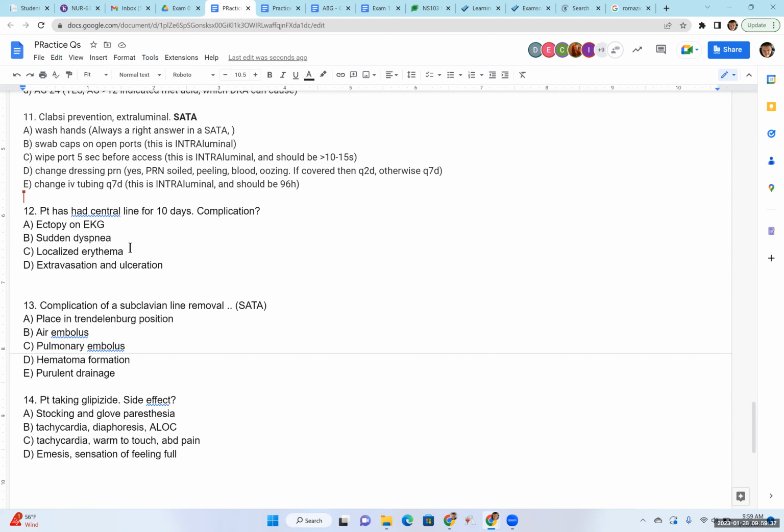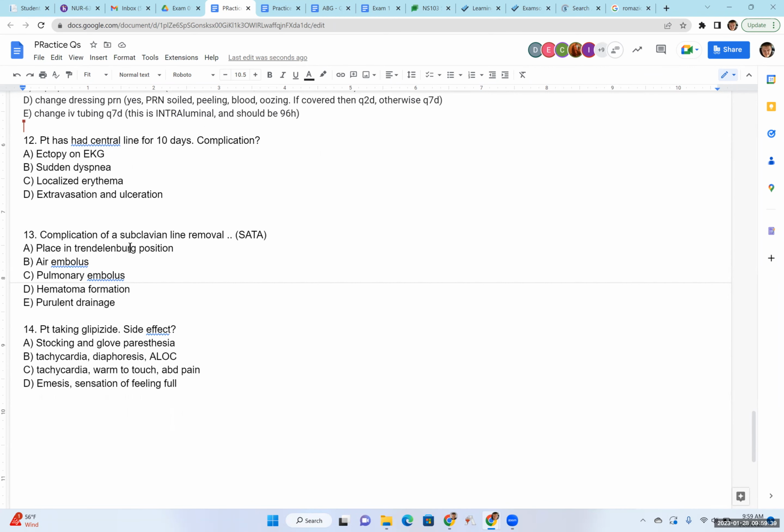Patient has had a central line for 10 days. Complications? Would they have ectopy? It's possible, but they've had it for 10 days. You can have some ectopy, but usually we're expecting tachycardias, right? It can be caused by acidosis, but is there something better?